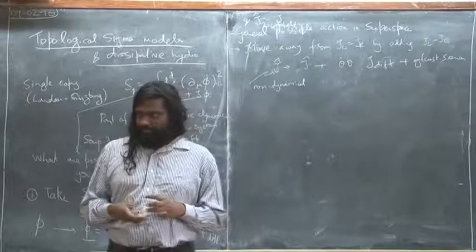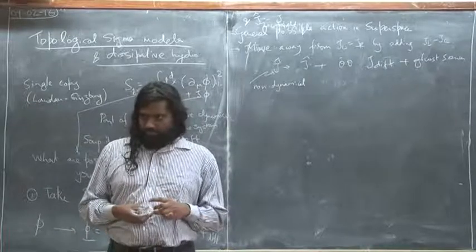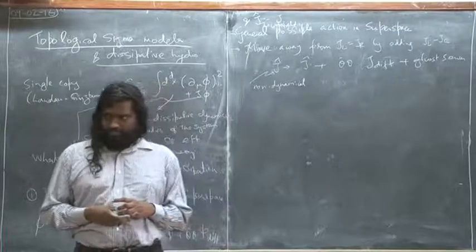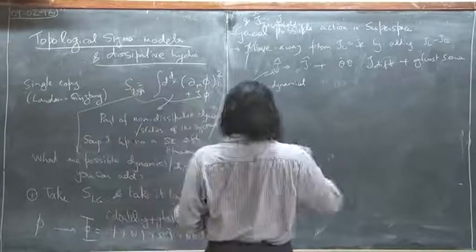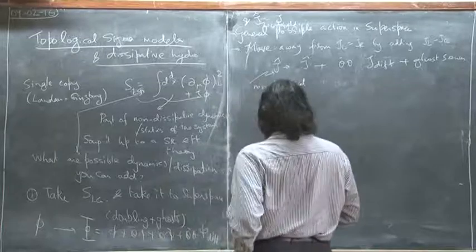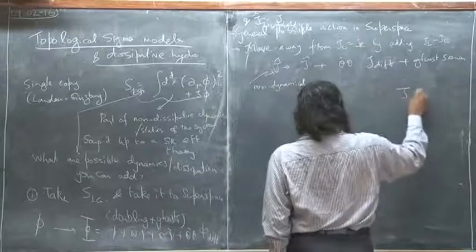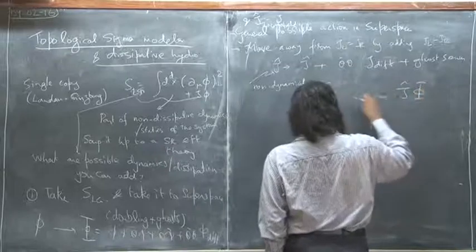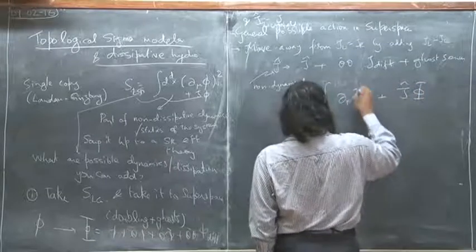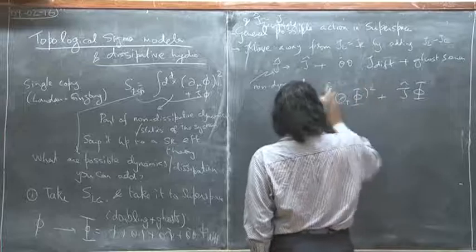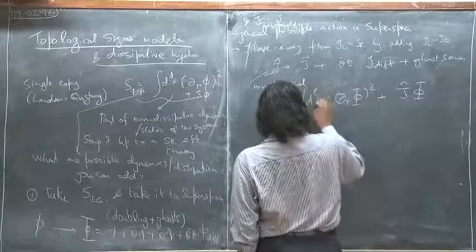And just to understand, the action is J times superfield phi integrated over theta. Yeah. So the action here would just be like phi square, and this integral has d square theta.